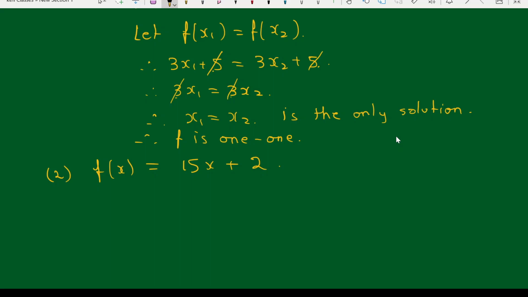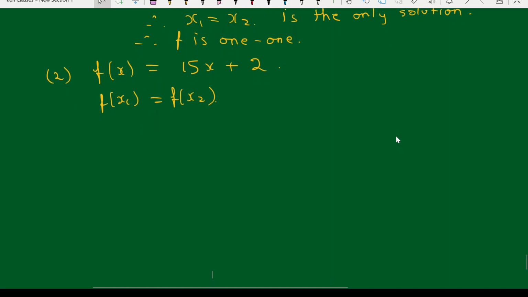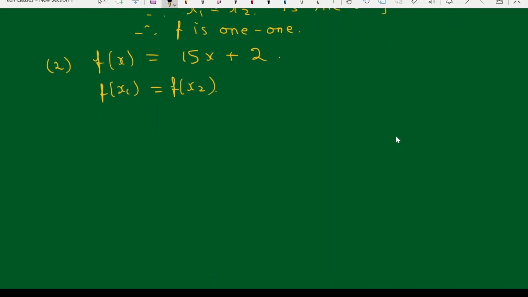Solve this fast. You have to check whether it's 1-1 or not. For that, what will you do? f of x1 is equal to f of x2. Anushka, Anvesha and all those people over there, first bench, how much will you talk? 15x1 plus 2 is equal to 15x2 plus 2.